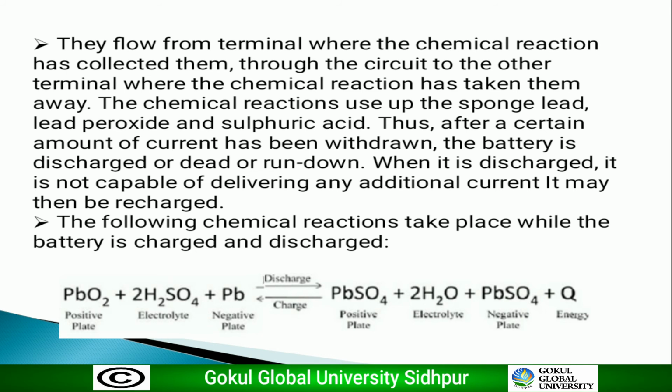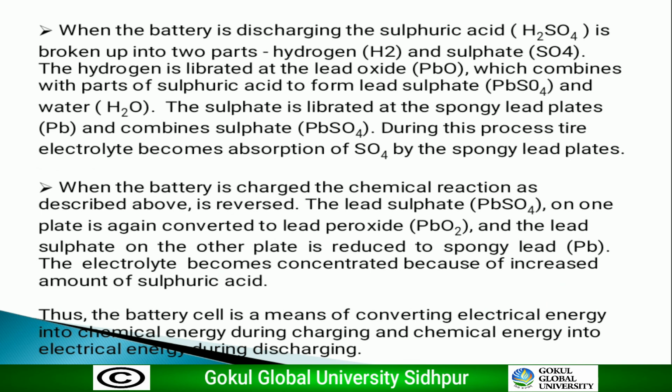They flow from the terminal where the chemical reaction has collected them, through the circuit, to the other terminal where the chemical reaction has taken them away. The chemical reaction uses up the sponge lead, lead peroxide and sulfuric acid, as I said by the equation. The following chemical reactions take place while the battery is charged and discharged. When the battery is discharging, the sulfuric acid is broken up into two parts, hydrogen and sulfate, H2 ion and SO4 ion.